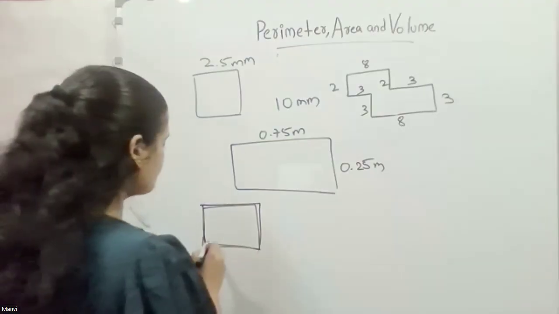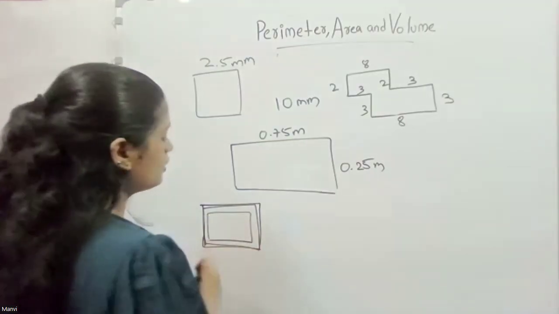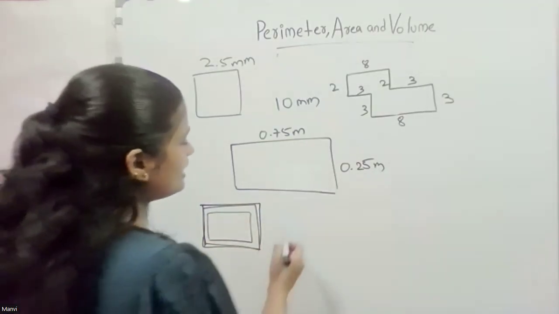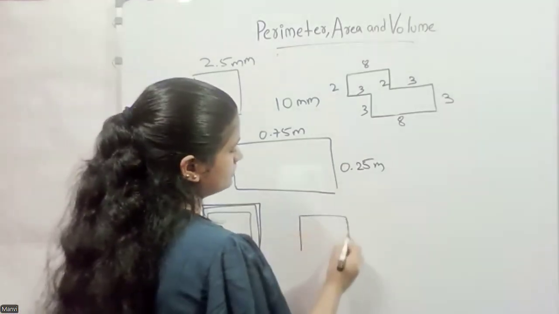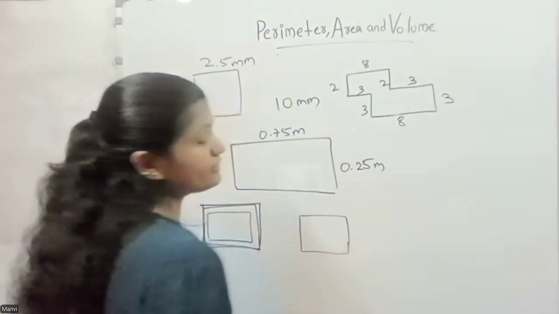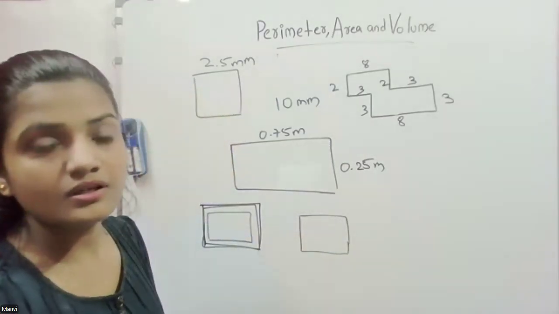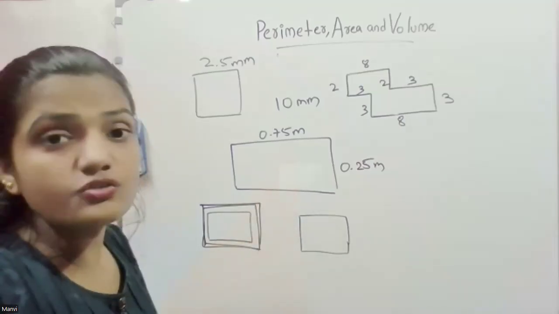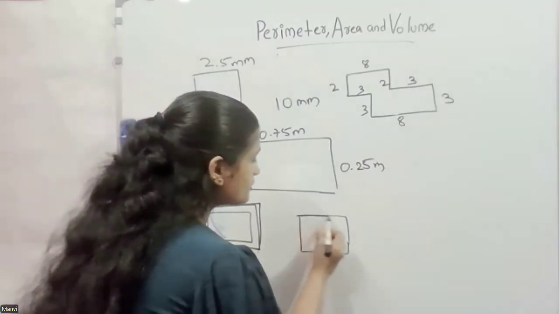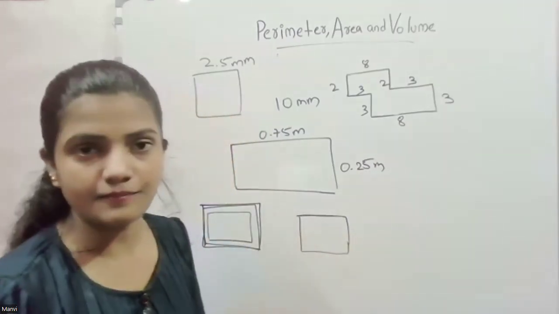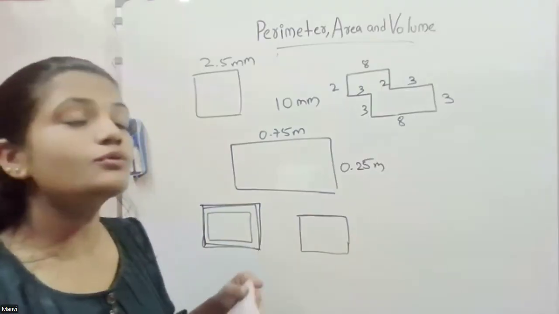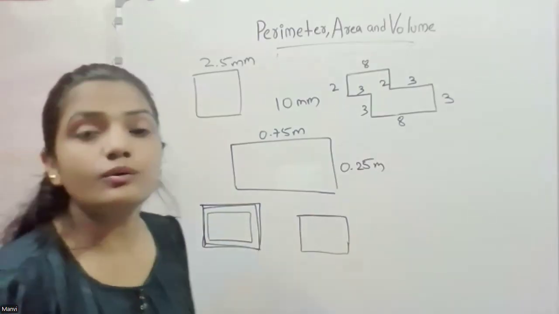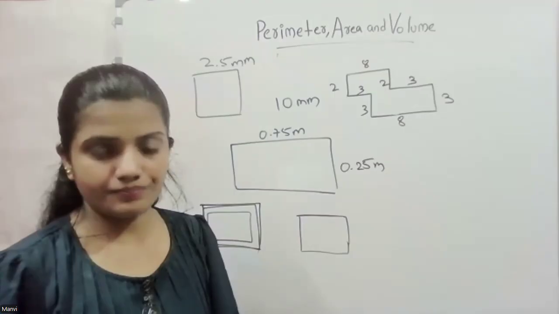They run from here to there, then there, then there. Another case is if we have one garden and we want to fence it. In that time also we are finding the perimeter, because fencing is done on the boundary of the garden, not inside the garden. So you have to understand that we need to calculate perimeter here.